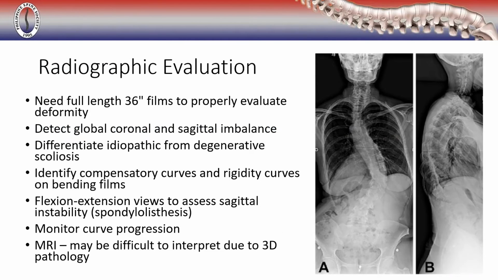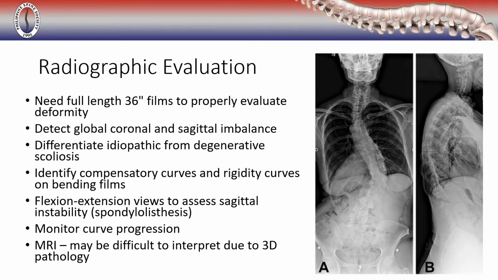So when we evaluate patients with degenerative scoliosis, it is imperative that we order full-length 36-inch films. Full-length films allow us to detect global coronal and sagittal imbalance in our patients. We are also able to differentiate the adult idiopathic type from the de novo or degenerative type of scoliosis.